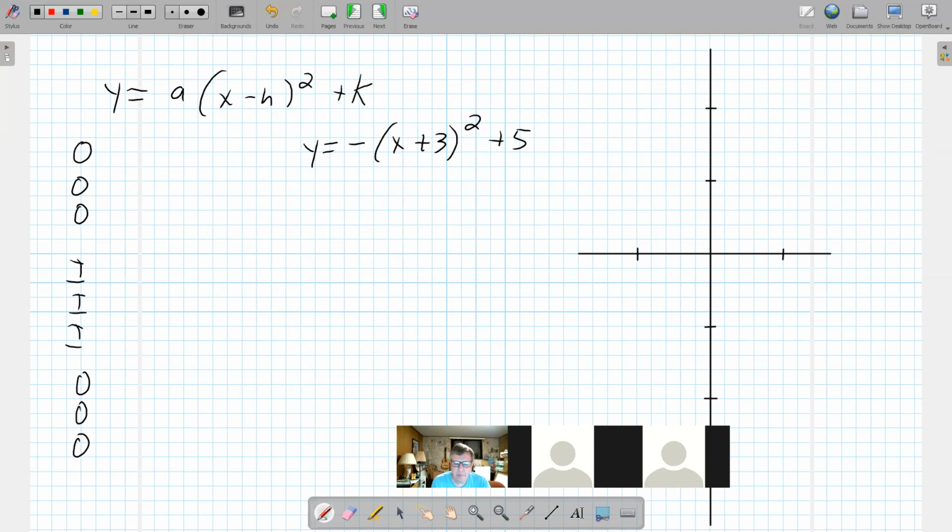Now, if we were to multiply this all out, like FOIL it out, take the x plus 3 times x plus 3 and FOIL it, then distribute the negative sign, and then finally add the 5 at the end, what is the order of operations we would do? We would start in here, right? So we deal with that first. Then we'd square it, then we do that, and then we do that, right? So that would be the order of operations.